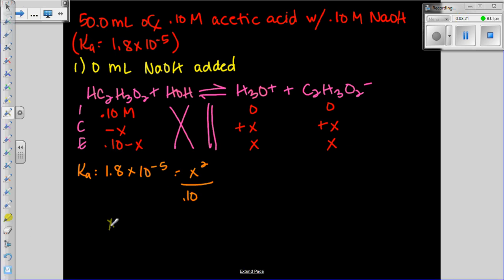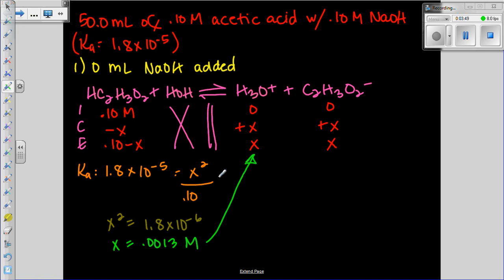So now x squared is going to be equal to 1.8 times 10 to the negative fifth times 0.1, which is 1.8 times 10 to the negative sixth. I'm going to do the square root of that, and I will get x equals 0.0013 molar.